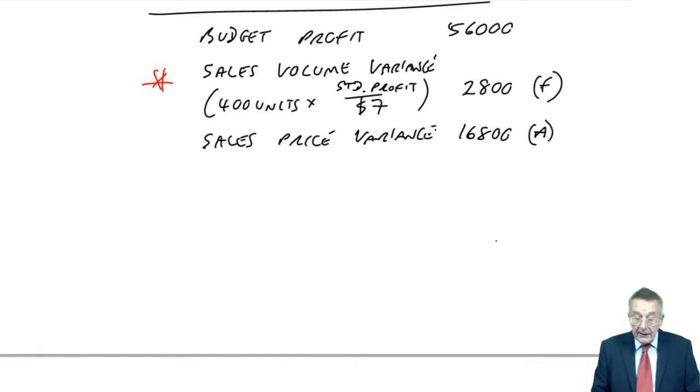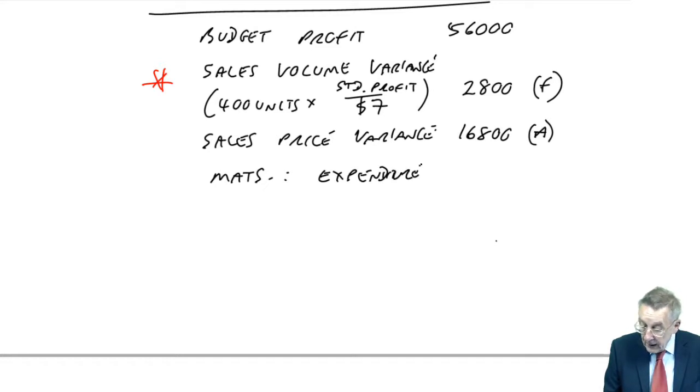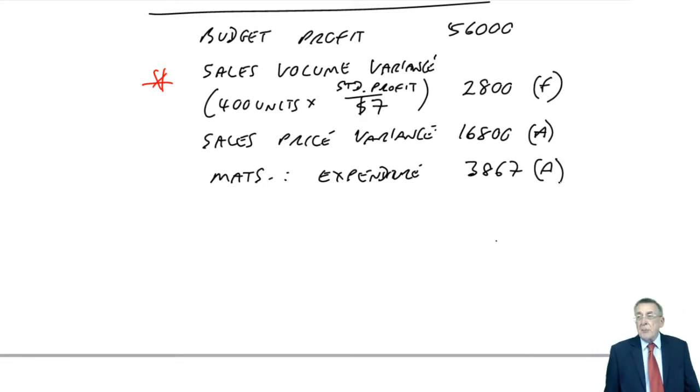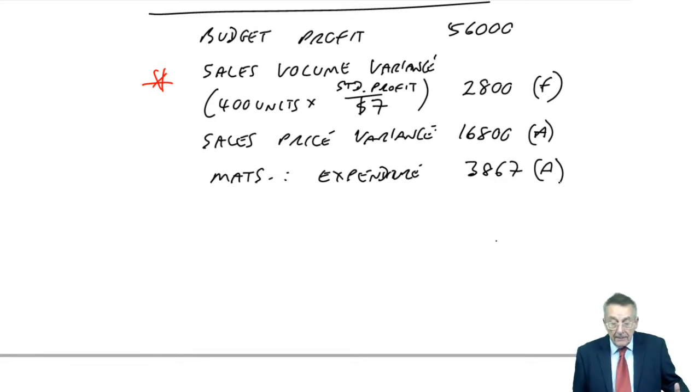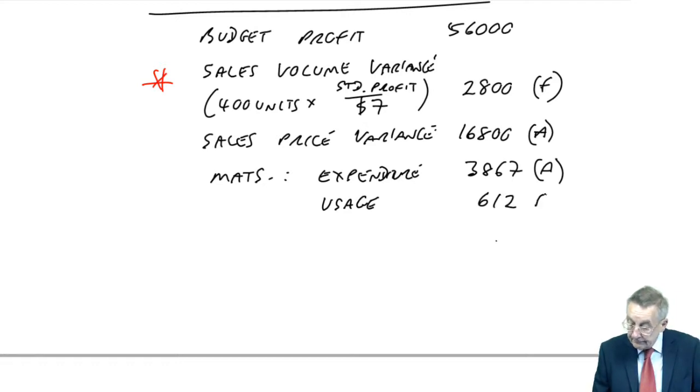We then had our cost variances. Materials. We had an expenditure or price variance of 3,867 adverse. And again, exactly as before, if you spend more on materials, you've less profit. It doesn't make any difference whether it's marginal or absorption. We had a materials usage variance of 612 favourable.